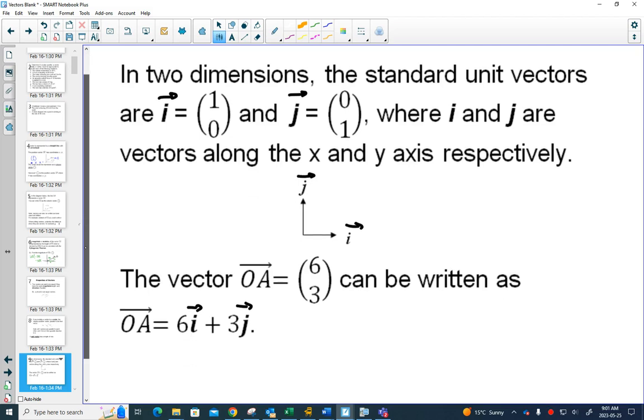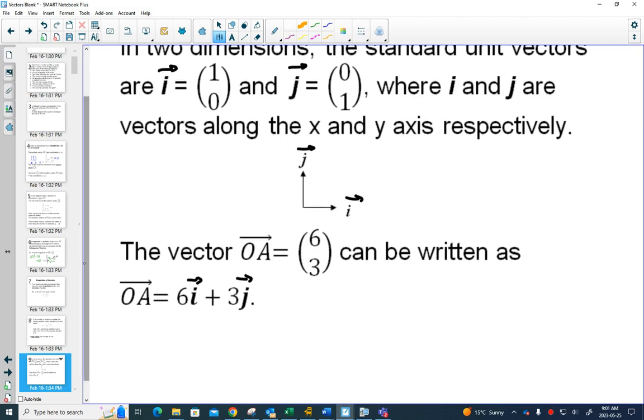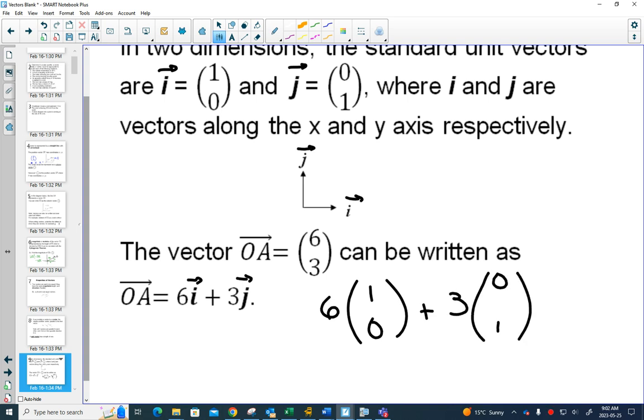And so you're going to notice that your vector math has a lot to do with matrices math. So if we think of this as I as 1, 0, and j as 0, 1, in matrices, if you had a number out in front, you could just multiply. So this one would be 6, 0, and this one would be 0, 3.